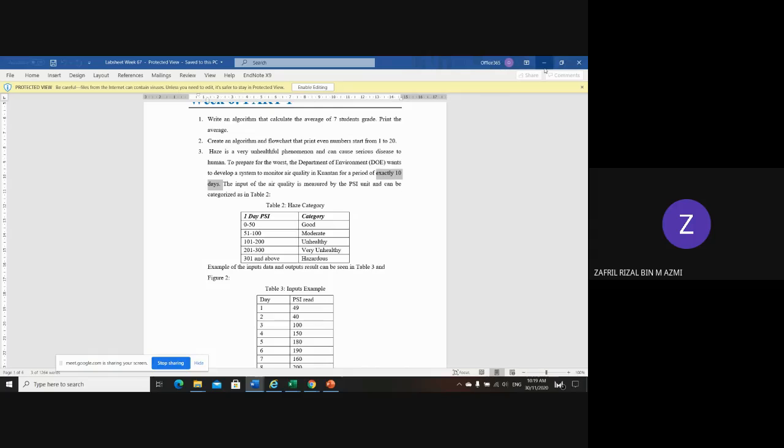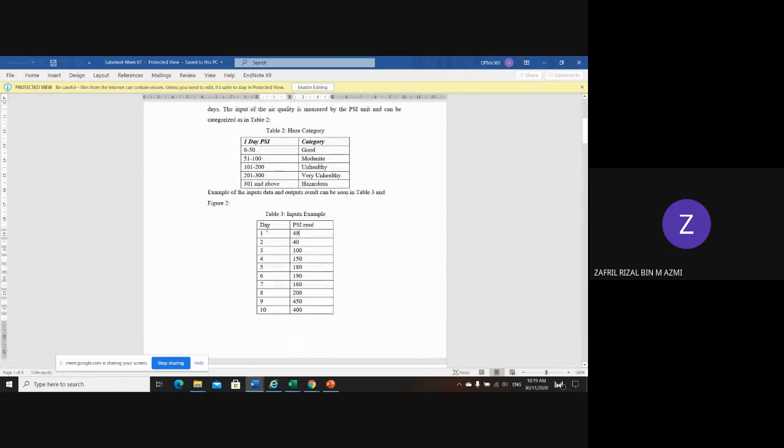So you need to loop the system for 10 days. An example of input has also been given. This is needed if you are required to develop the desk checking. So you need to use this input provided over here. Different days have different PSI rates, clearly stated over here.